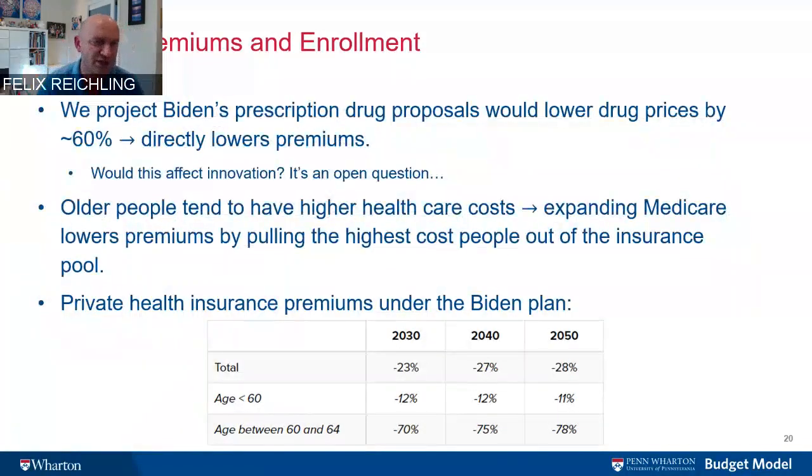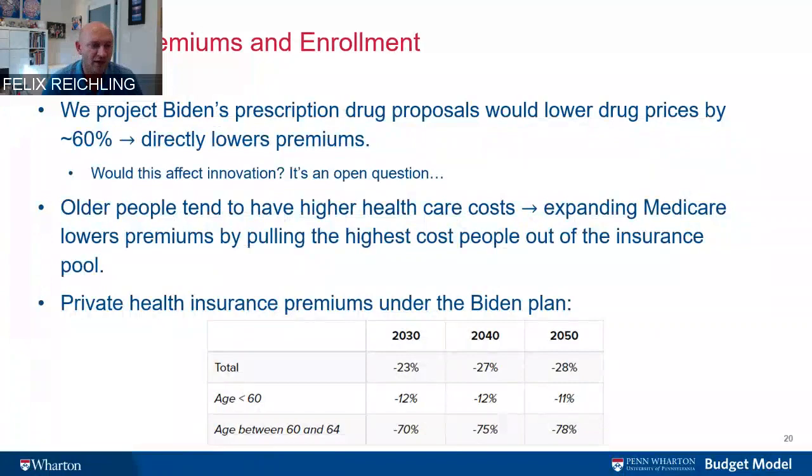Of course, the younger population is a lot less dependent on prescription drugs, so their prices overall will decrease by slightly less. Whereas Medicare recipients use a lot more prescription drugs, and so they will be seeing more of the benefits.